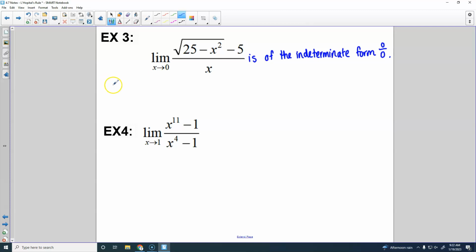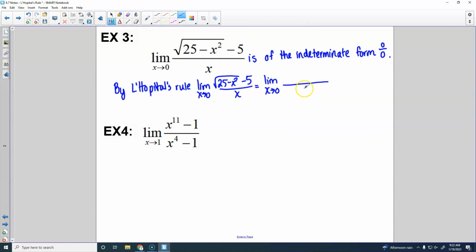So we can say by L'Hopital's rule, the limit as x approaches 0 of the square root of 25 minus x squared minus 5 over x is going to equal... We're going to take the derivative of the top and the derivative of the bottom.